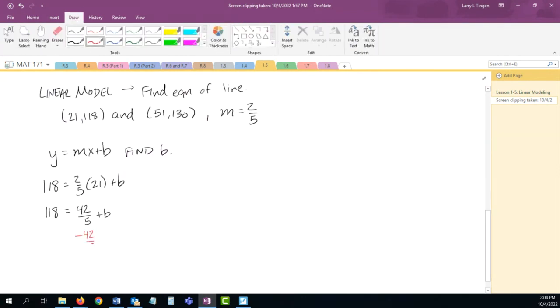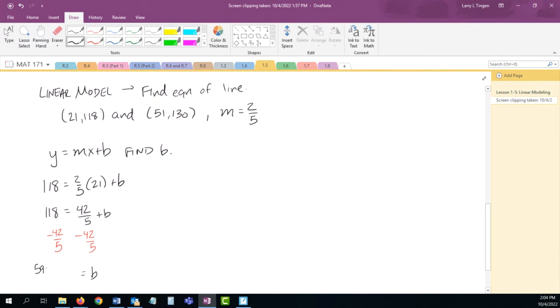Going to subtract 42 over 5 from both sides. If you want to know the math that takes place over there, 118 over 1 becomes 590 over 5.